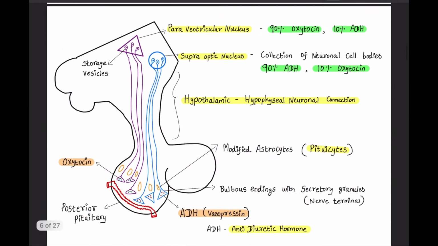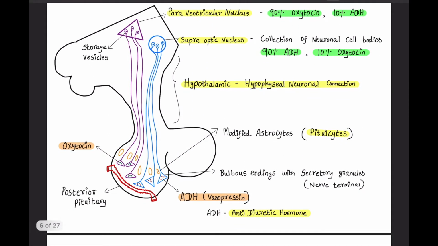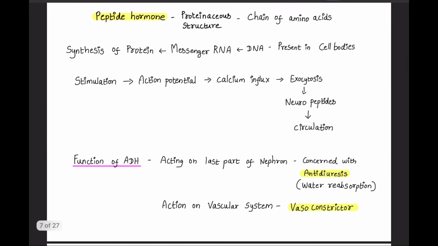So we know the hormones are synthesized in the hypothalamus, and they are released from the posterior pituitary gland. How does the release happen? It is through the action potential.